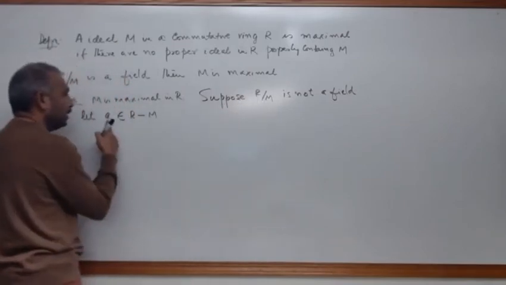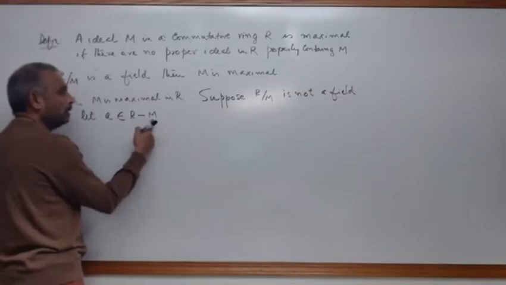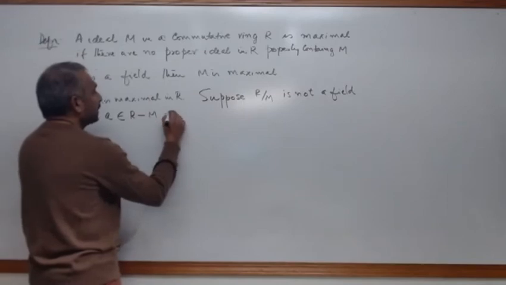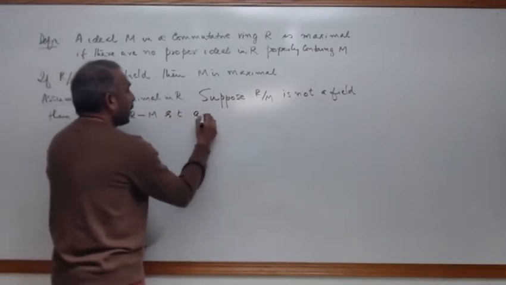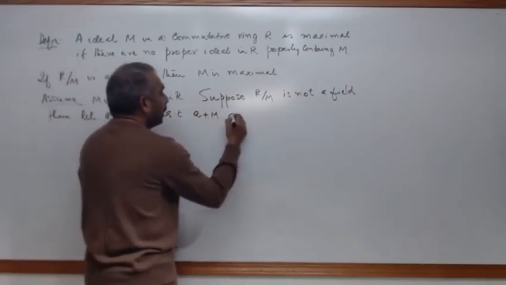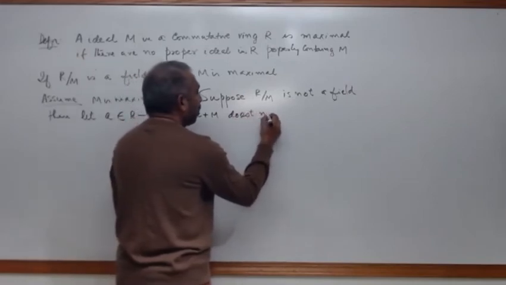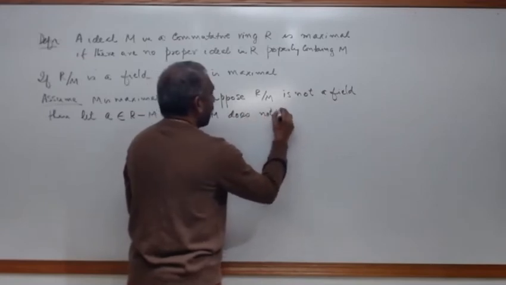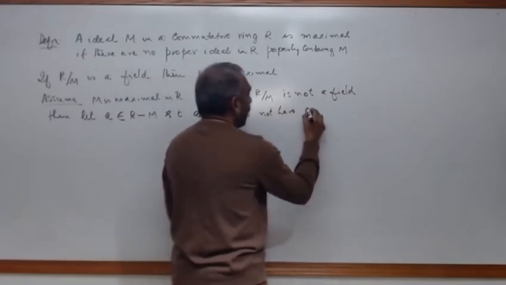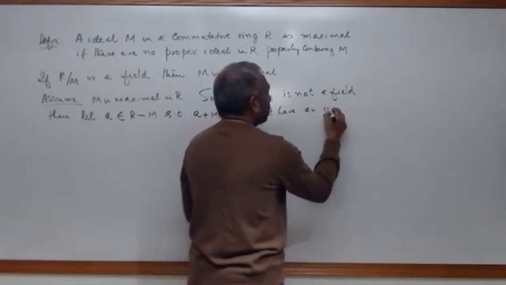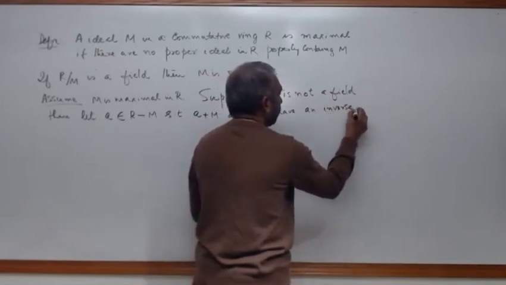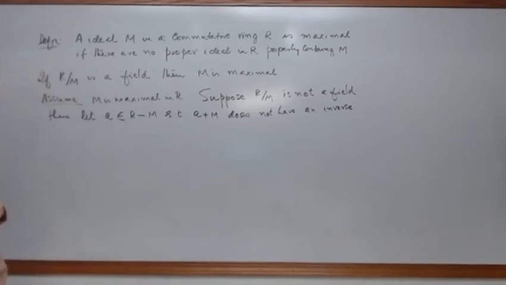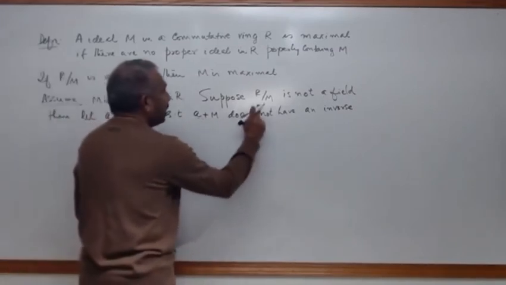So I am going to take an element from R but not in M, such that A plus M does not have a multiplicative inverse.